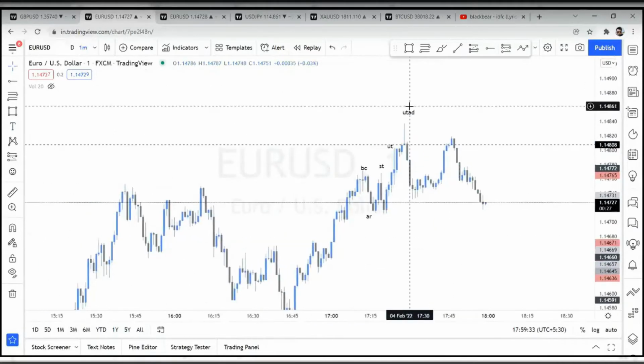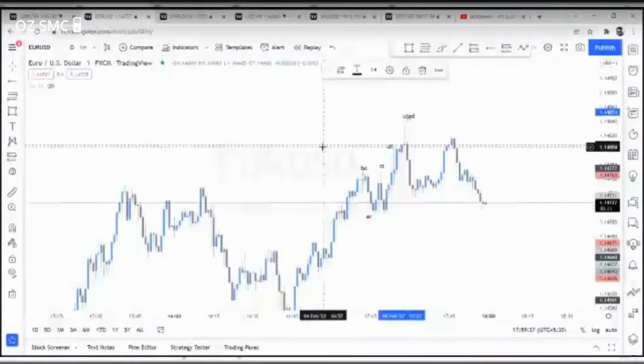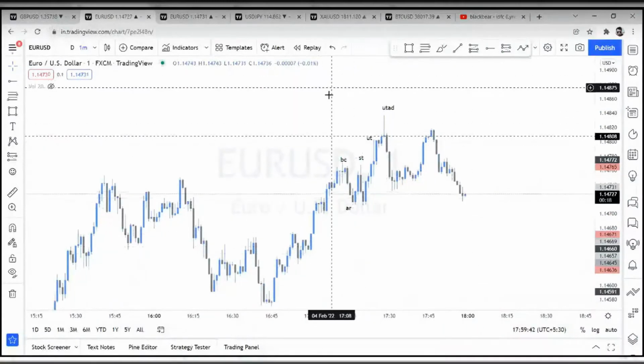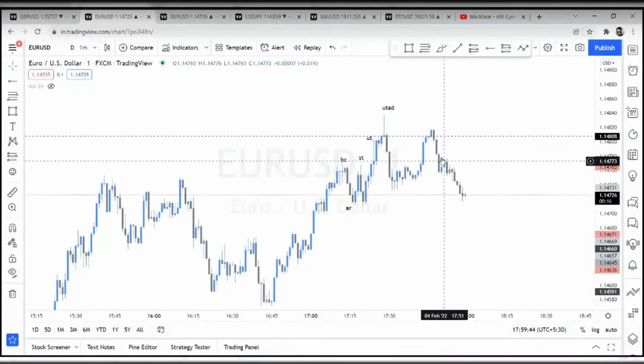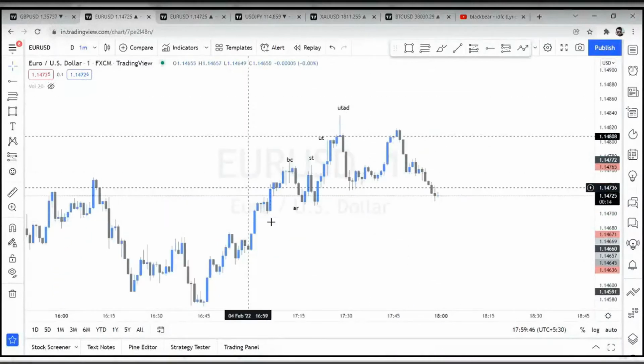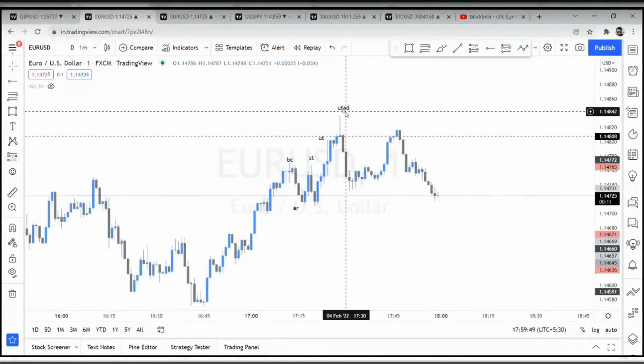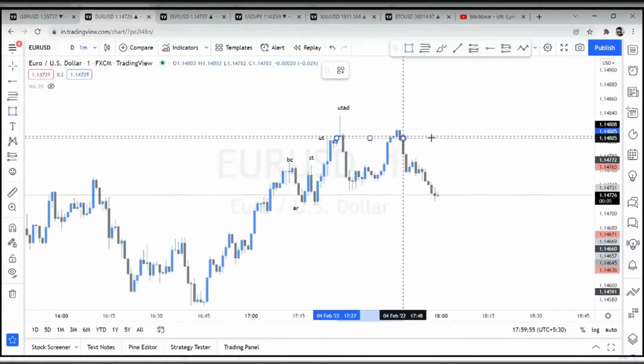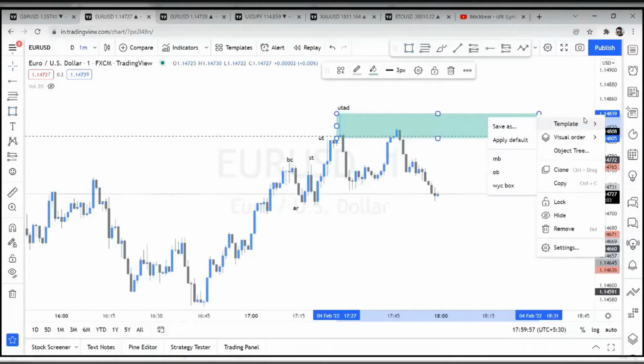So again, guys, this already broke our structure here. So we should not be involving like this at other times. This is just to show you, just to mark how it is. And this would have left an order block here, something like this, right? As you can see.